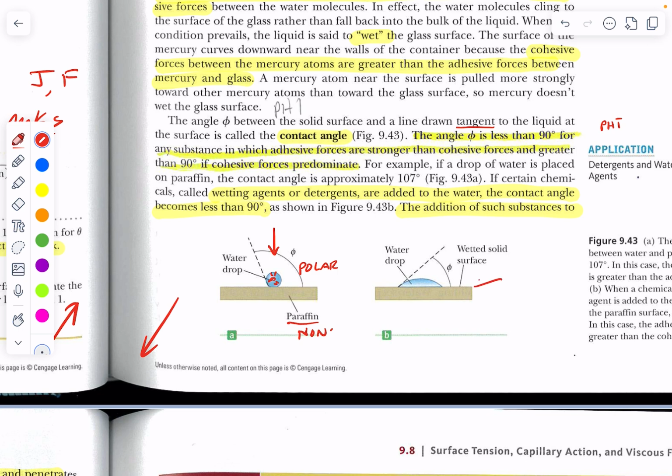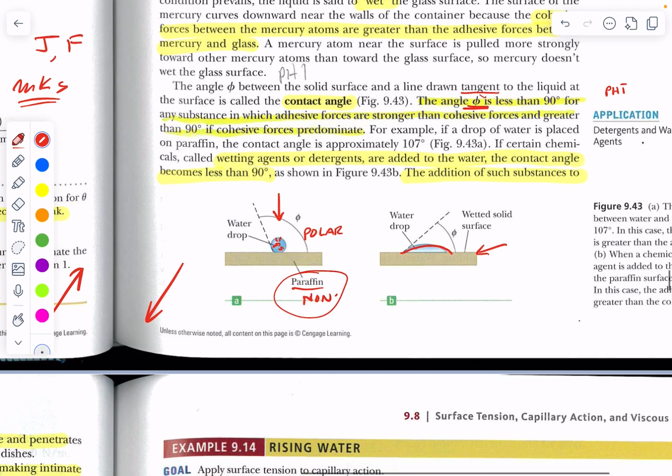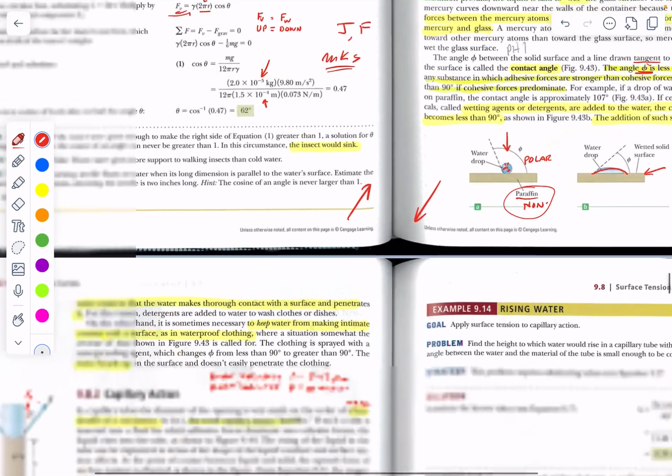Whereas if you wet the surface, in other words, you put some coating on it, or you remove any debris or any material like paraffin or any of the sprays, then the water can spread out over the surface. And so we can actually measure this angle phi when we draw lines tangent to the surface of the water.